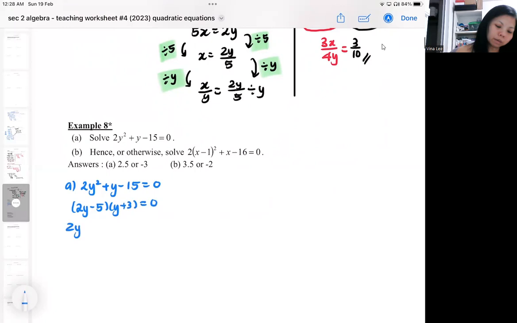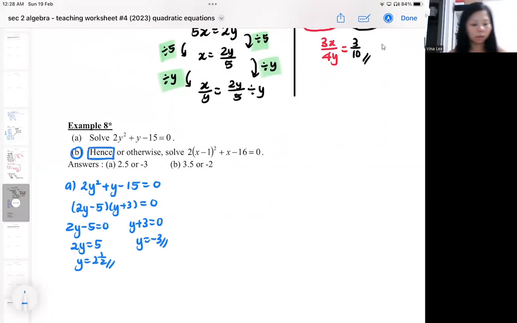First bracket equal to 0, second bracket equal to 0. The tricky part is the "hence". The meaning of "hence" is that I must make use of my answer.